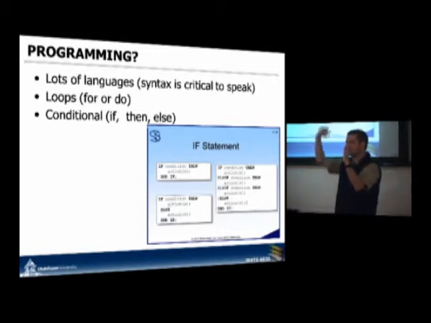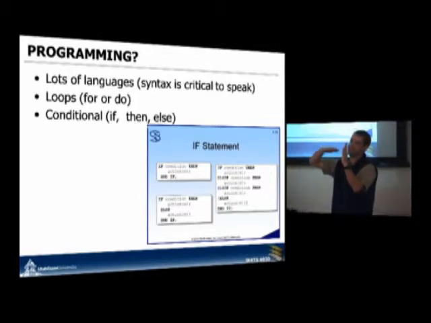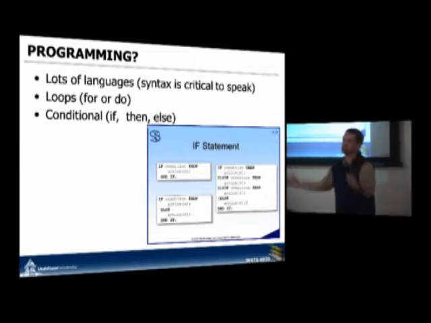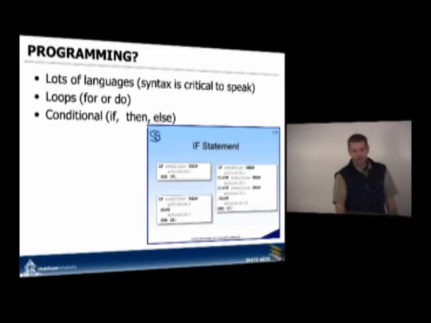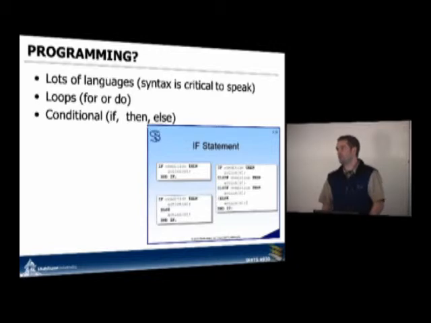So instead of saying 10 times, you could say for the number of rows in my feature class, do this operation. And so loops allow you to repeat things. Those are your two basic building blocks in writing code.